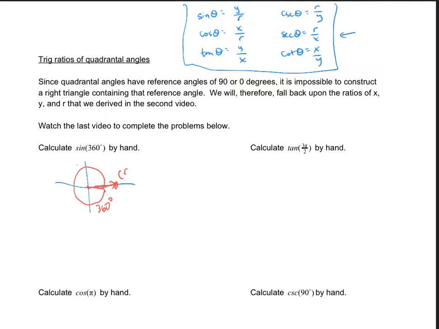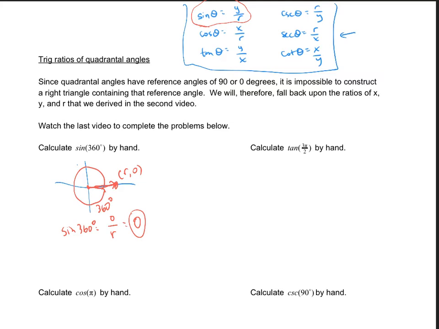So this would be the point (R, 0). So if I wanted to find the sine of 360, I would look at this ratio, which is y over R. So that would be 0 over R, and 0 over R would be 0. So the sine of 360 is going to be 0.